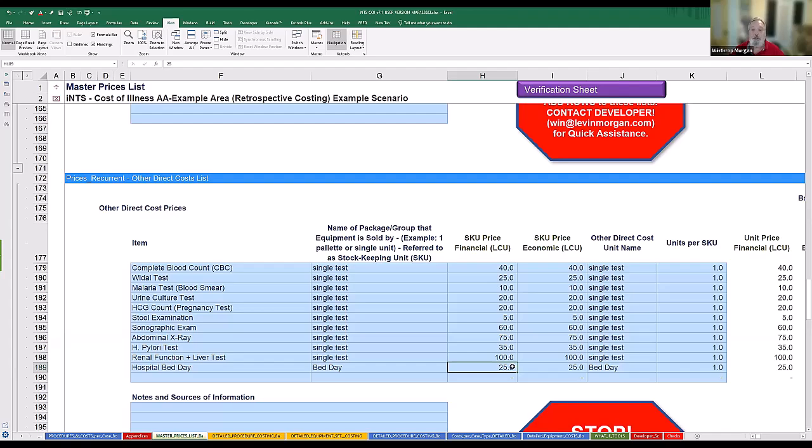But we're doing what's called an incremental costing in this case. So we're trying to focus on the cost of treating someone who has a particular illness rather than looking at the cost of running a hospital. So use that term hospital bed day and ask them how much they charge for a hospital bed day.